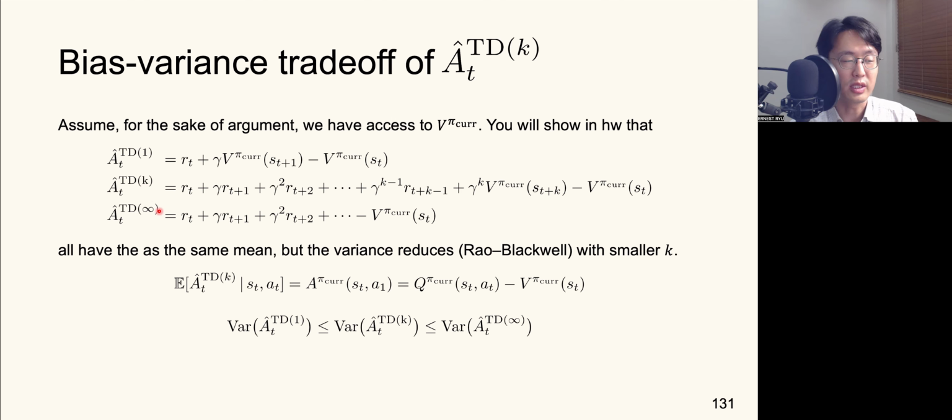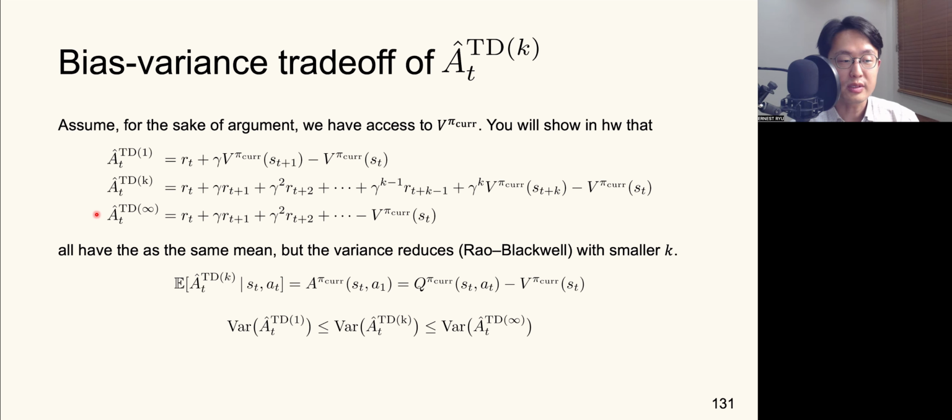And let's consider TD infinity. Well, TD infinity is basically the Monte Carlo estimate minus the baseline function. So here we have the full cumulative discounted return minus the baseline function, the value function evaluated at the current state S t. It's a relatively straightforward exercise to show that these all share the same mean, but they have different variances.